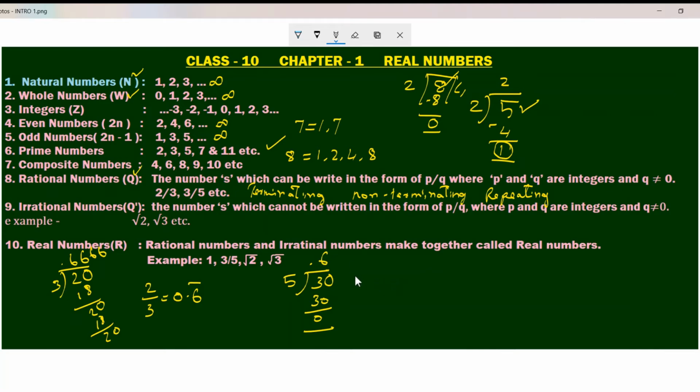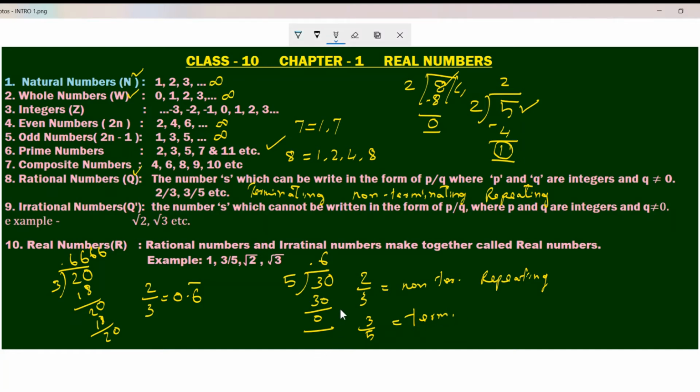Okay. So 2 upon 3 is non-terminating but repeating, and 3 upon 5 is a terminating rational number. Got it?